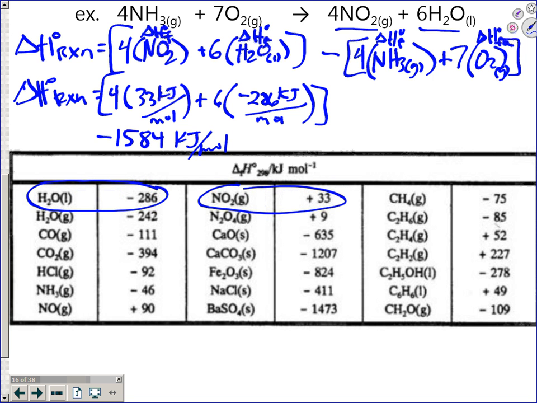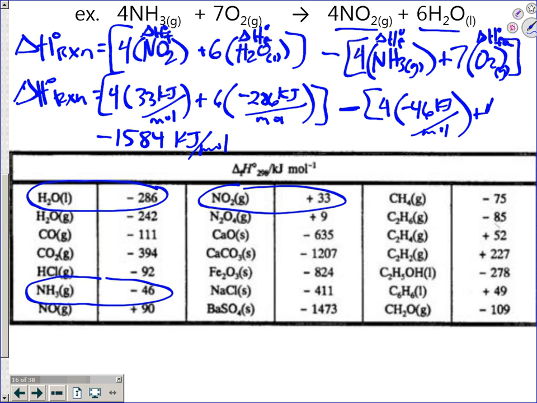So this is the energy of the products total. We're going to subtract the energy of the reactants. So subtract the enthalpy of formation of the reactants. So that's 4 times ammonia, which is ammonia gas, right? So negative 46 kilojoules per mole plus 7 times 0. Include the 0 because then it represents that you've done something in relationship to oxygen.